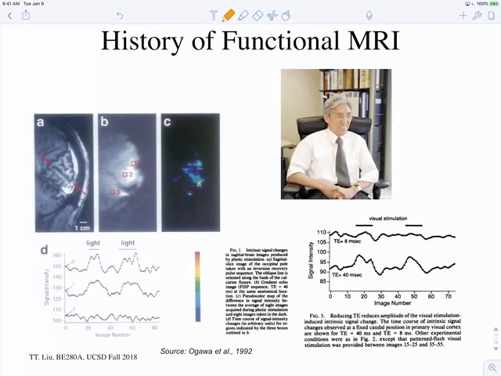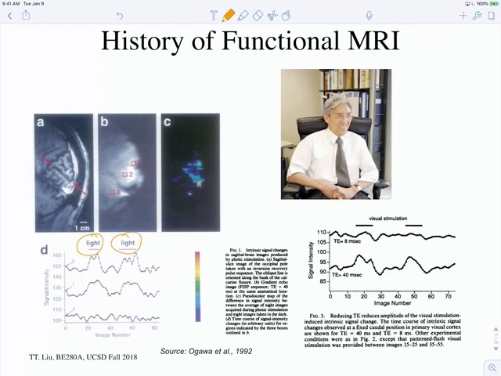So fMRI as a field is actually fairly young. In humans, it really wasn't until the early 90s that it took off, and it was shown that you could do it in humans. And so this is from one of the first papers where essentially what they did was they put some humans in a magnet and they shone light at different points in time. So the people are lying there, their eyes are open, it's either dark or light, dark or light.